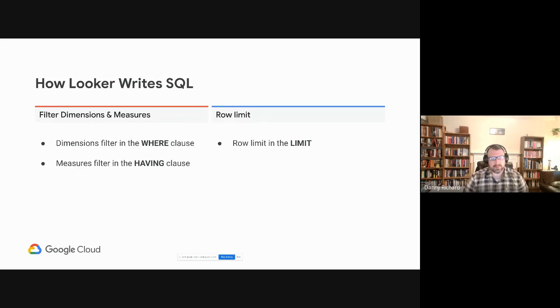So when it comes to filters, if you filter on a dimension, it's always going to show up in a where clause. If you filter on a measure, say where total sales is greater than 100, that's always going to show up in a having clause.